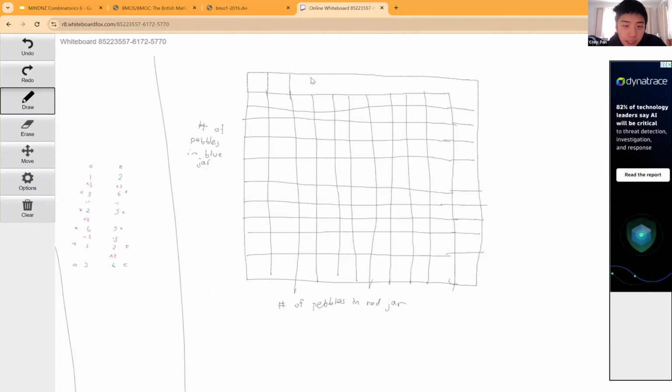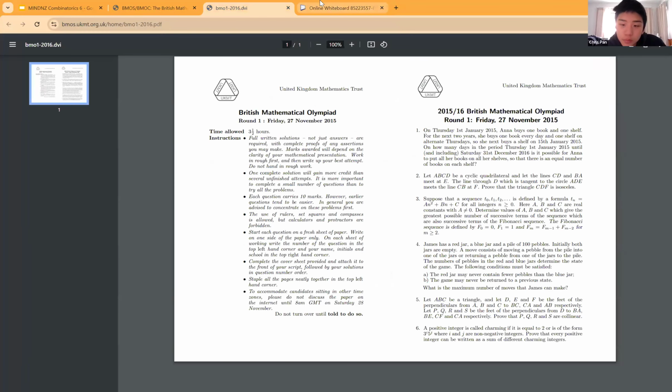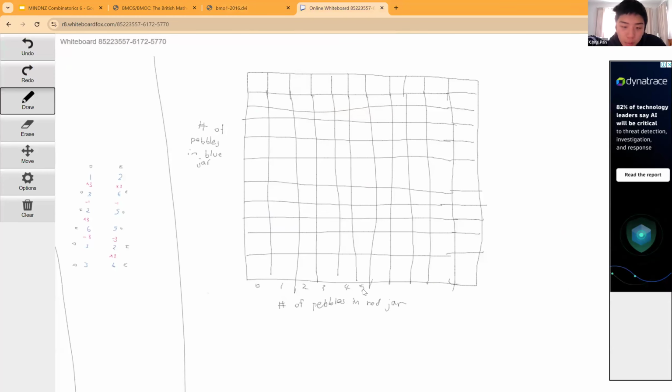So each of these cells represents one possible game state. This is 0 pebbles, 1 pebble, 2, 3, 4, 5, 6, 7, 8, 9, 10 pebbles.